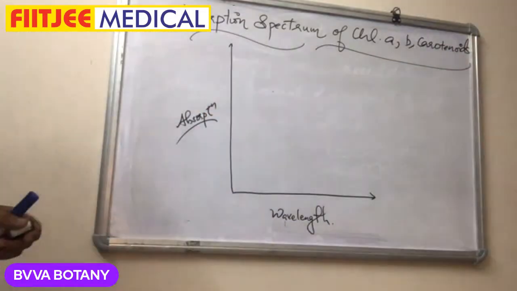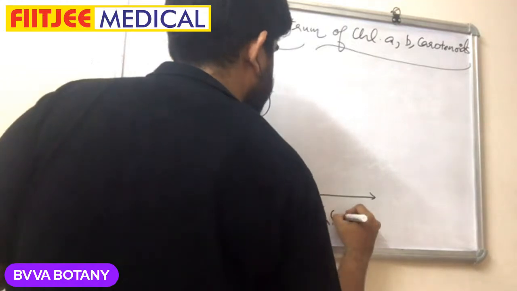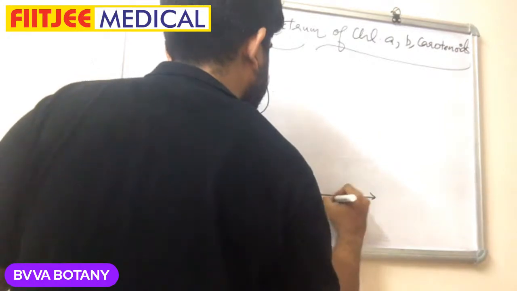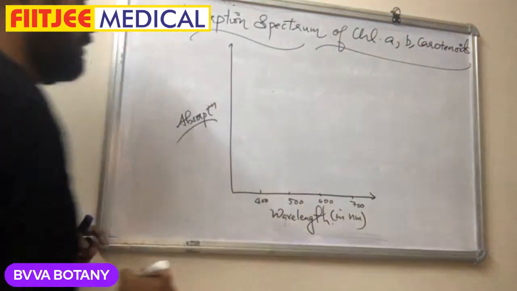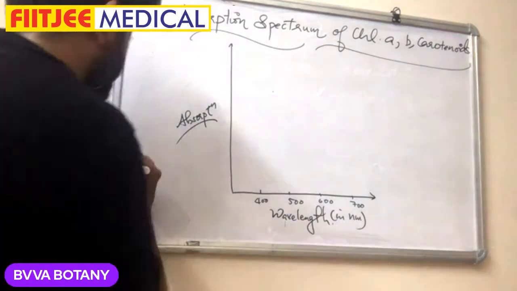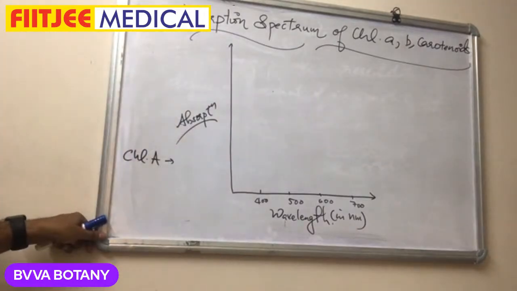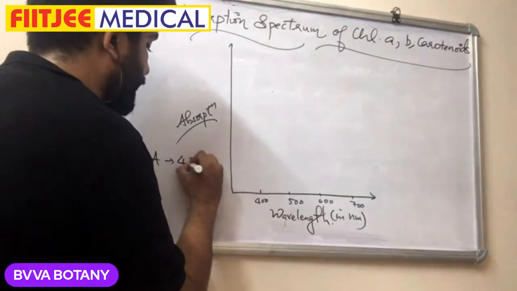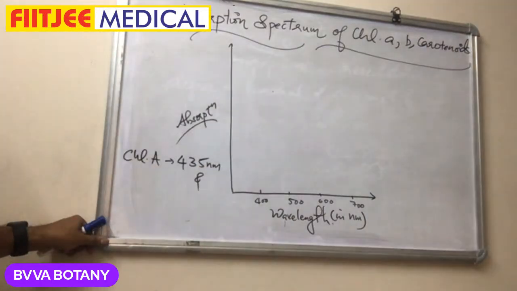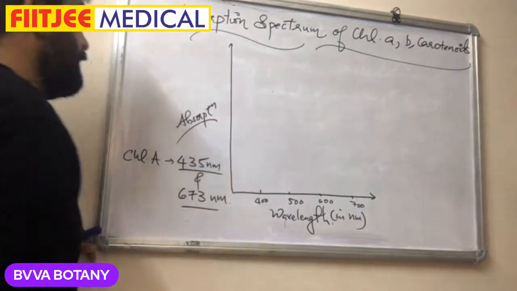Now, chlorophyll A has maximum absorption in two regions: one in the blue region at 435 nanometers, and the other in the red region at 673.